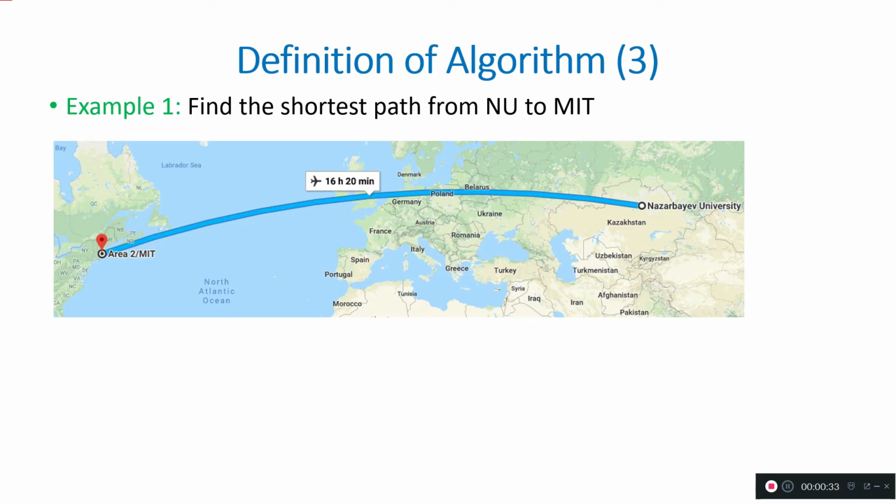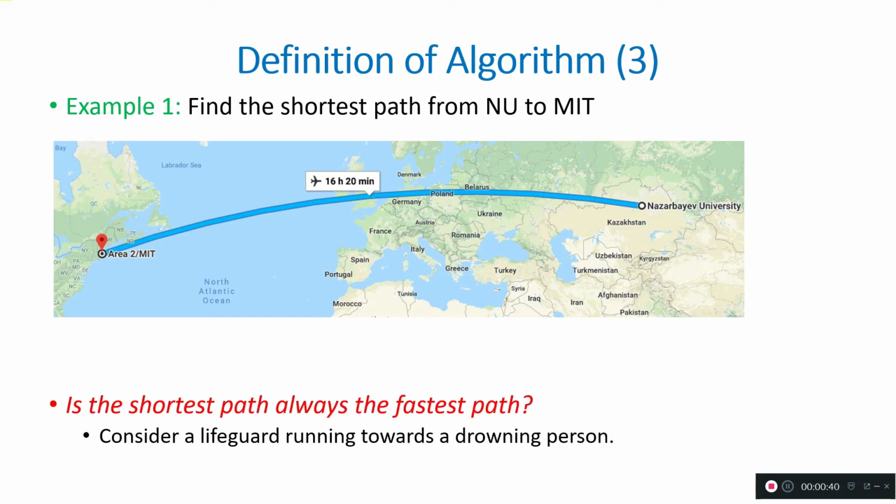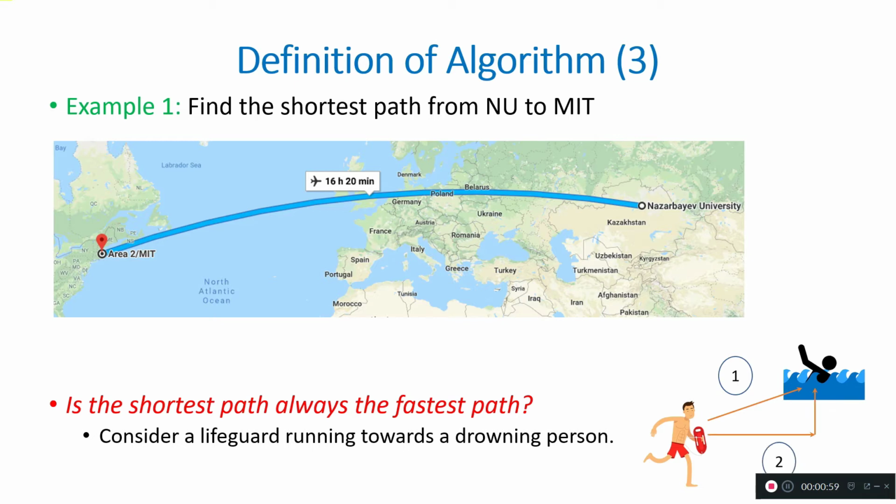Related to this, I would like to ask you a very interesting question. Is it true that the shortest path is always the fastest path? Let's take the example of a lifeguard running towards a drowning person. So, this is the scenario. Would path 1 be the shortest one, or would path 2 be the shortest one?